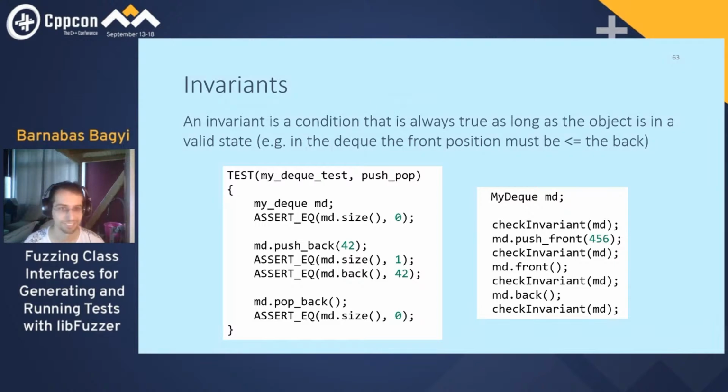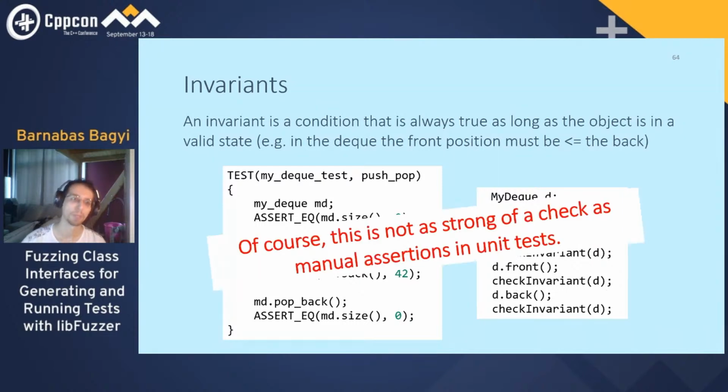Seems easy enough and might actually work, right? But of course, even though it looks great, sadly it's not as strong as manual assertions in unit tests. So of course, we have no chance of replacing unit tests. We can only add another tool to the testing tool case that we have.